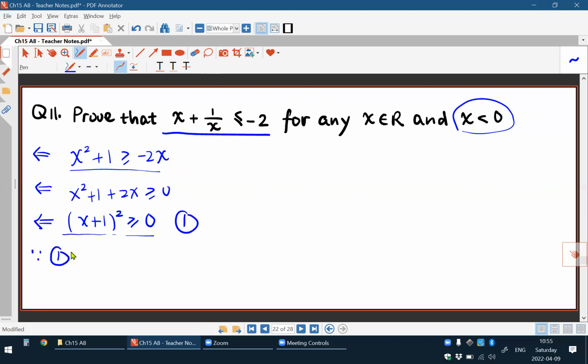Because inequality number 1 is always true for x belongs to real number, right?